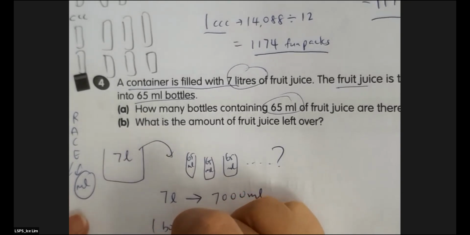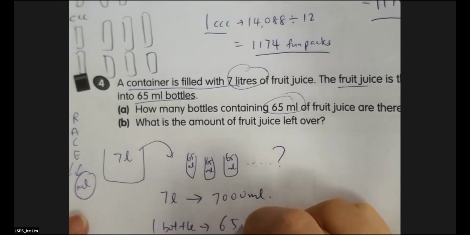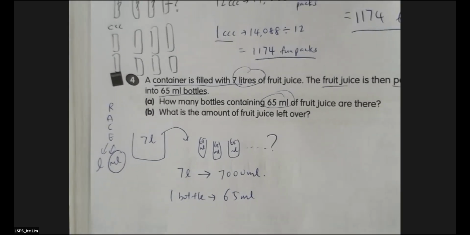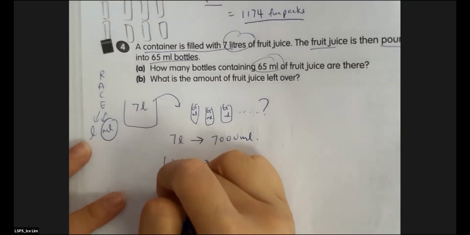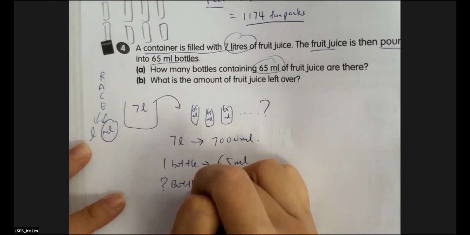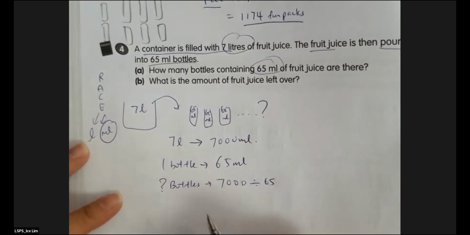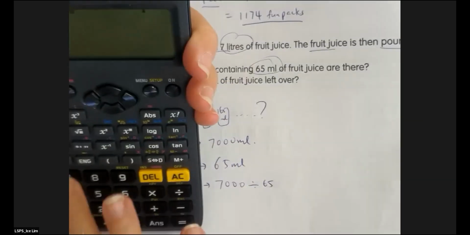One bottle, that's 65 milliliters. So I want the number of bottles. I use 7,000 divided by 65. Use my calculator to press.